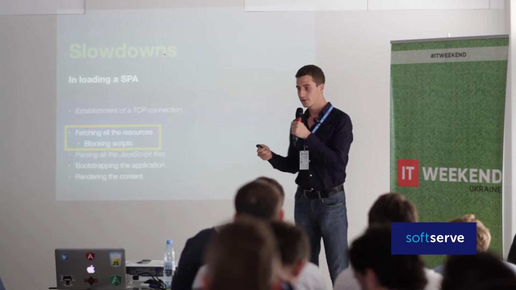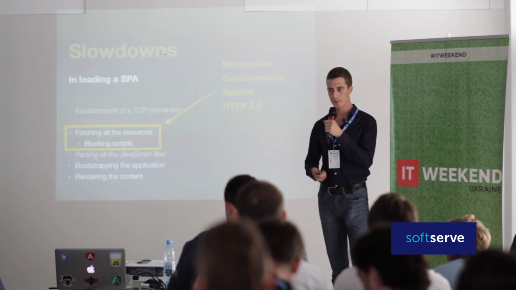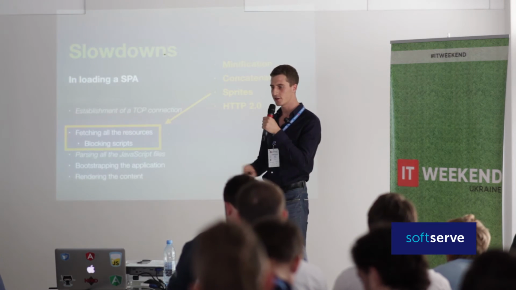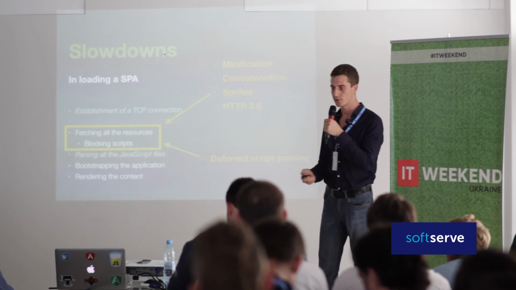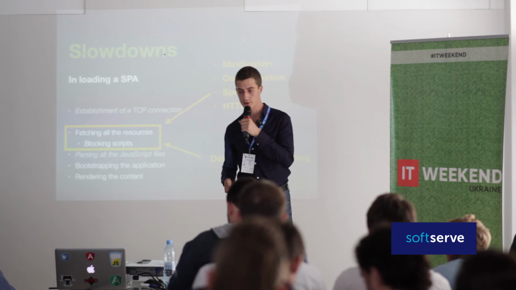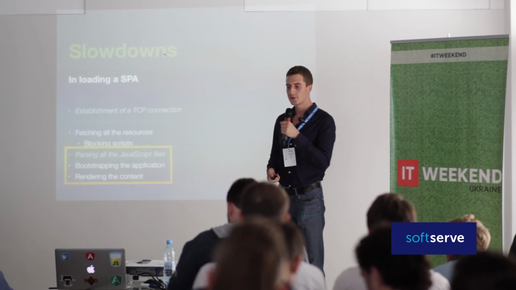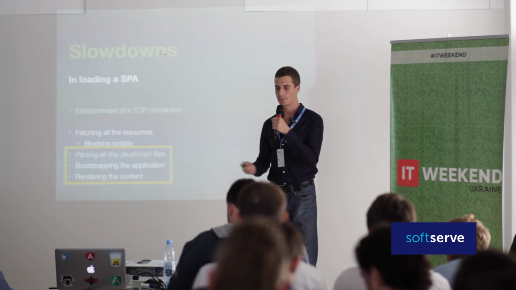We can improve the fetching of our resources by minifying them, using concatenation, eventually using sprites, or HTTP 2.0 with server push. And we can use deferred script parsing for the blocking scripts. Let's take a look at how we can speed up the last 3 points.